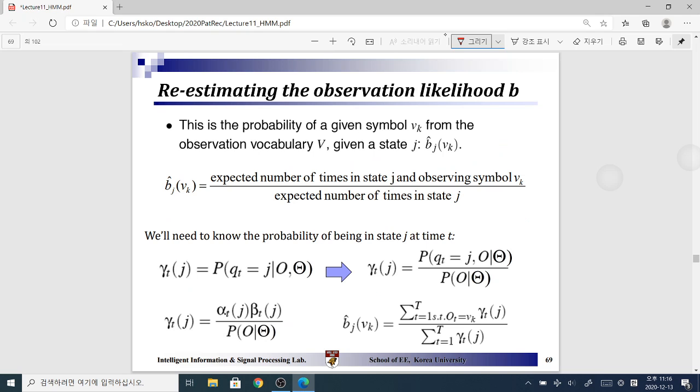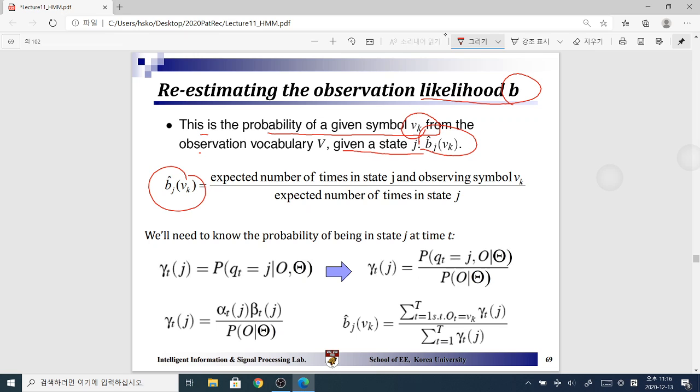Now, what about re-estimating the observation likelihood B? This is the probability of a given symbol, v sub k, from the observation vocabulary given, say, state j, indicated by B sub j of v sub k.